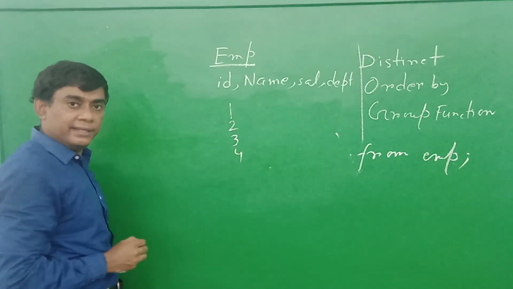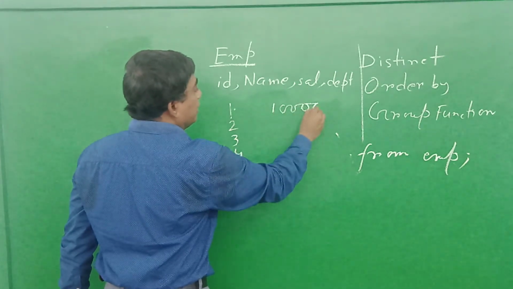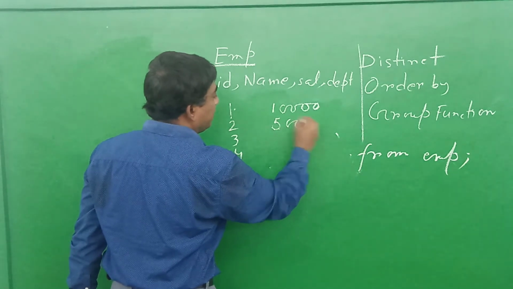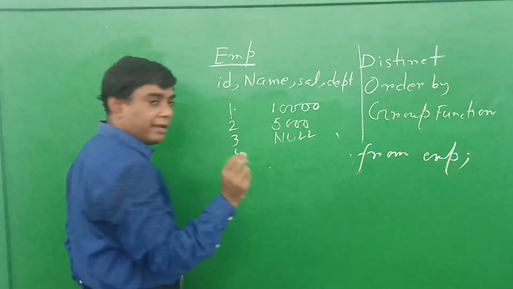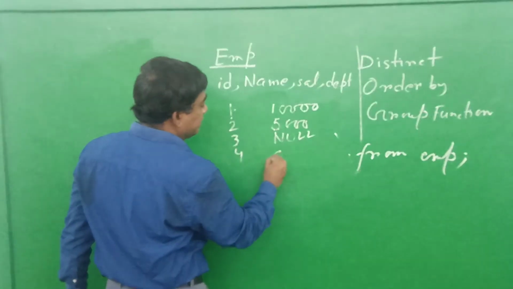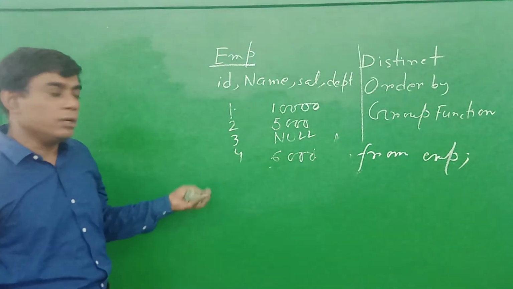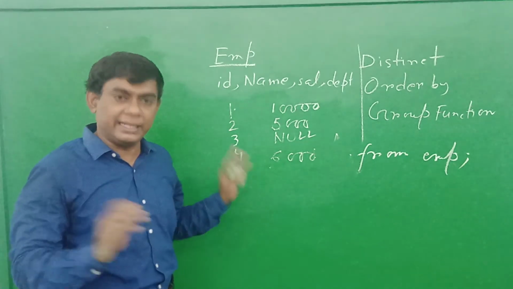ID 1, salary suppose 10,000, ID 2, salary suppose 5,000, ID 3, salary suppose null, means blank, and ID 4, salary suppose 6,000.